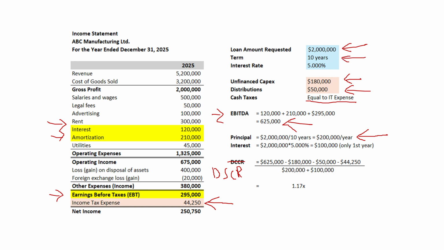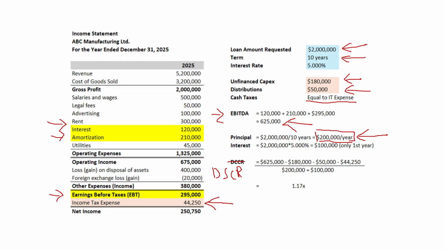So in order to pay off the loan in 10 years, just for the sake of simplicity, it's 2 million divided by 10 years. So they have to pay on an annual basis $200,000 a year in principal in order to pay it all off over 10 years. I hope that makes sense.